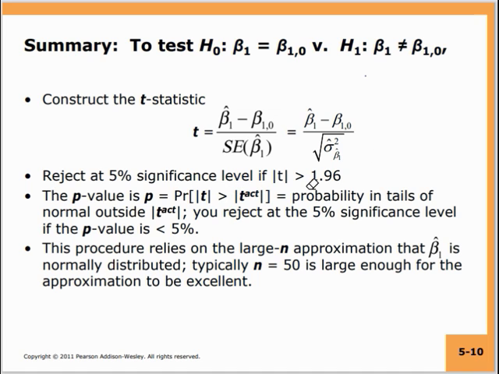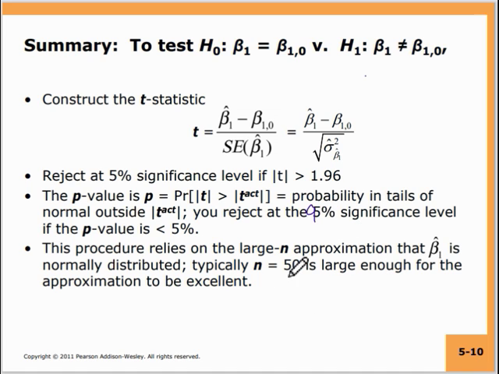So you can check using a standard normal table, and if this t-statistic is more than 1.96, as you know, that 1.96 is the critical value for tests at a 95% confidence level, then you can reject the null hypothesis at a 95% confidence level. I'm sorry, here it says 5%, but it is actually the 95% confidence level.